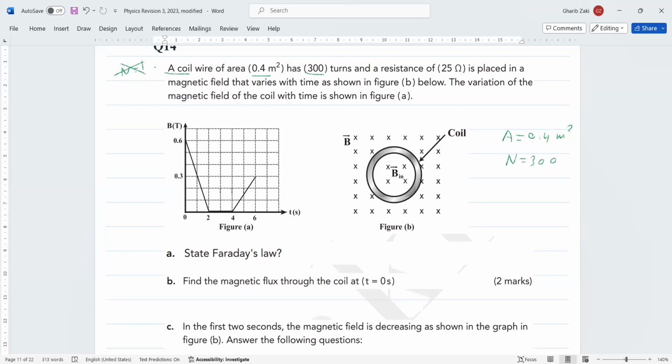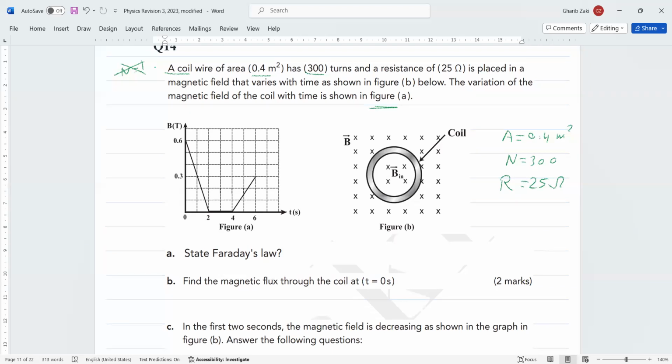And a resistance, so this is R, 25 ohms, is placed in a magnetic field that varies with time as shown in the figure. This is B and this is T. The variation of the magnetic field of the coil with time is shown in figure A.